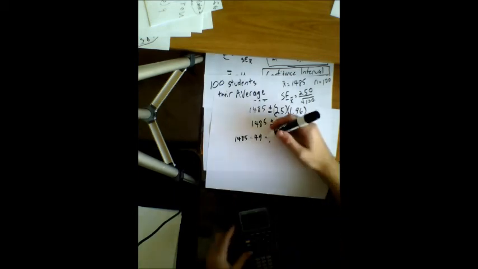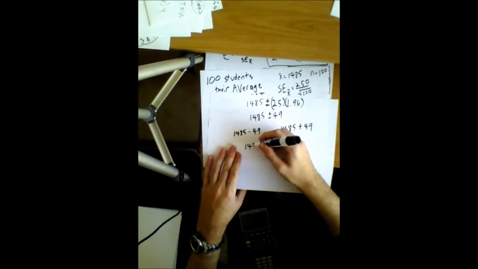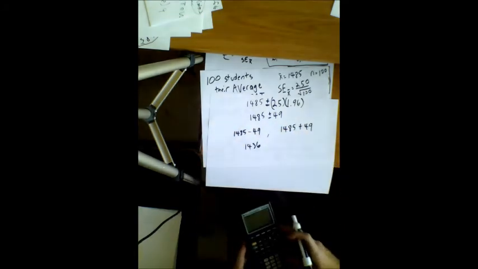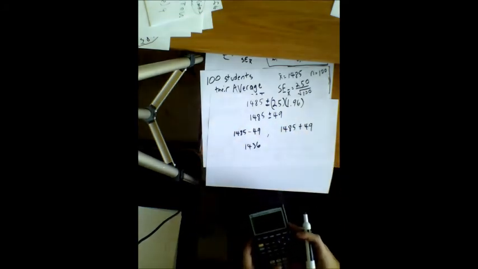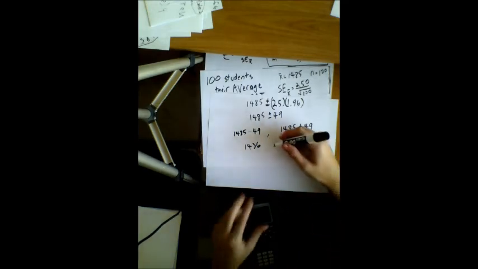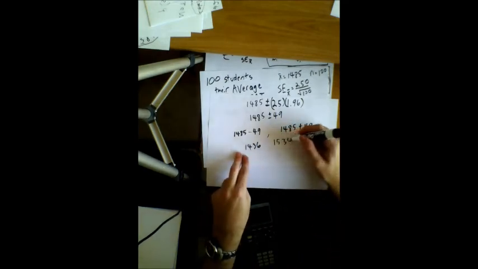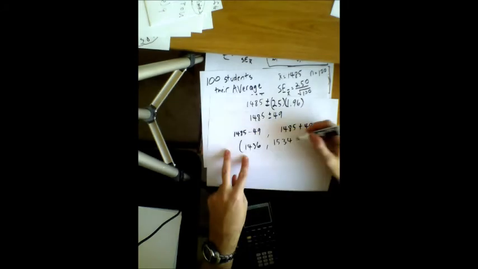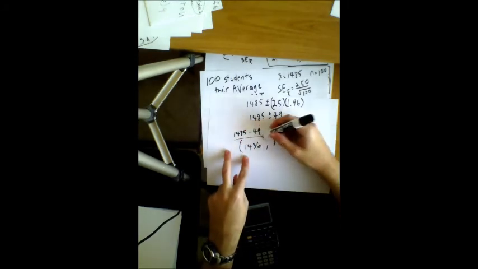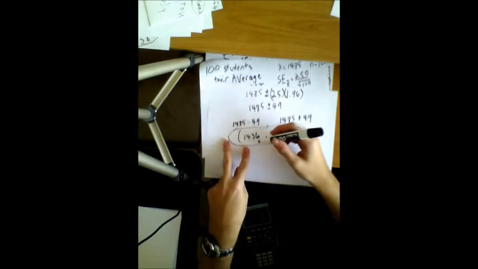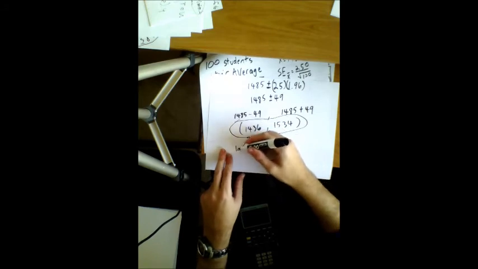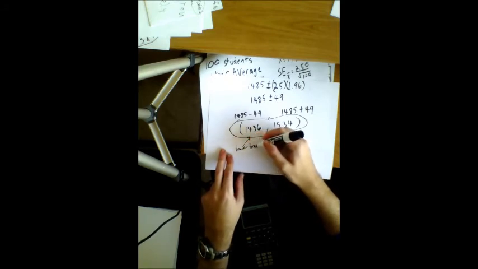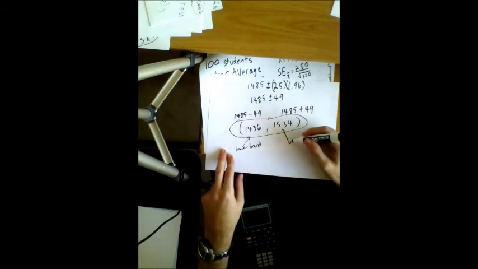Okay, so what does this give us? It gives us 1485 minus 49 is 1436, and 1485 plus 49 gives us 1534. So I'll go ahead and write it this way. This is then the lower bound, and this is the upper bound.